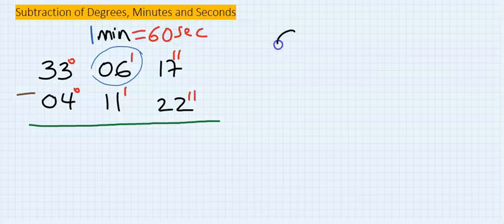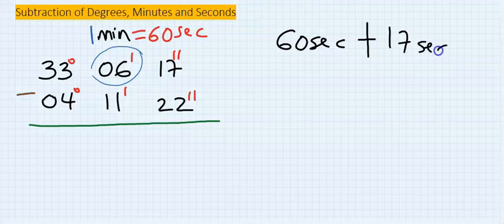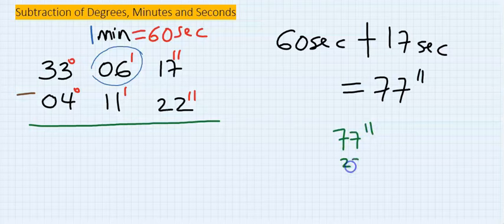When you add this borrowed 60 seconds to 17 seconds, you're going to end up having 77 seconds. Hence, I'm going to have 77 seconds to subtract 22 seconds.